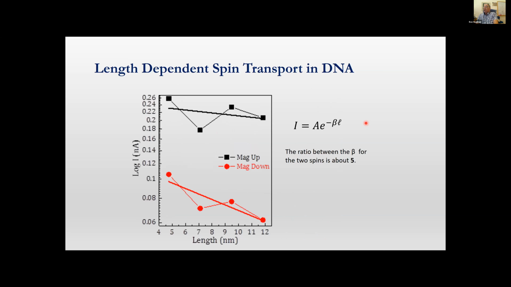And what we can monitor also is the spin-dependent, length-dependent transmission. What we observe here is that while for one spin the transmission decays very fast, for the other one it decays much slower. It's again long scale. And this means that one spin is transferred more ballistically than the other. And the question is, how come?